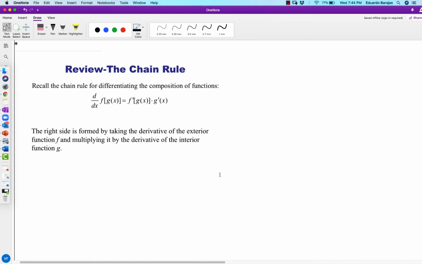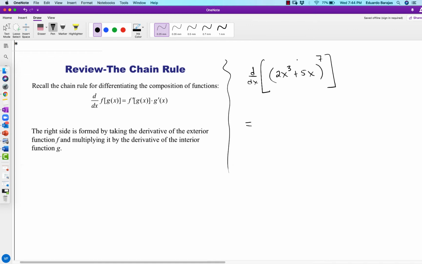So as a quick little example, just to refresh our memories on the chain rule, one type of question could be this one. Find the derivative with respect to x of 2x to the third power plus 5x, and all of that raised to the power of 7. Okay, so the derivative is going to be equal to the outside function.